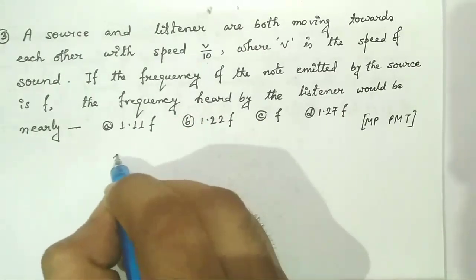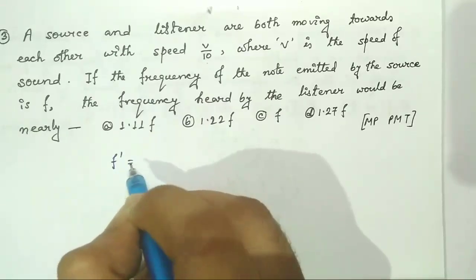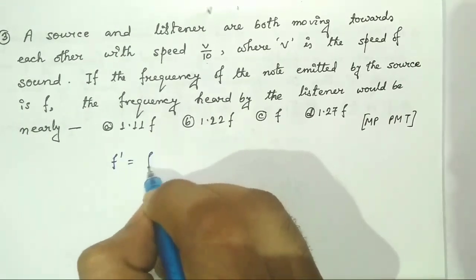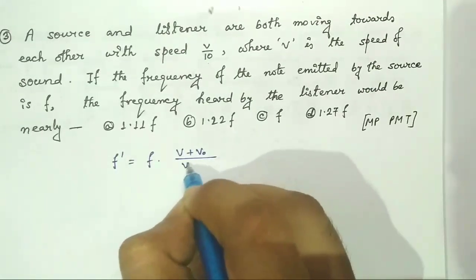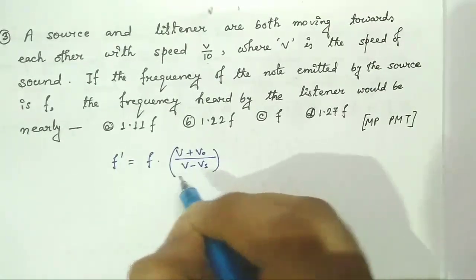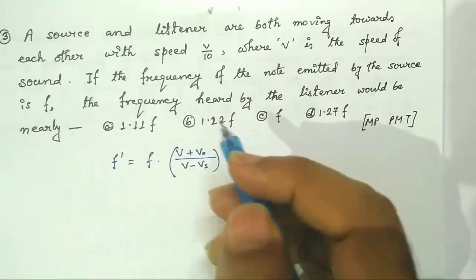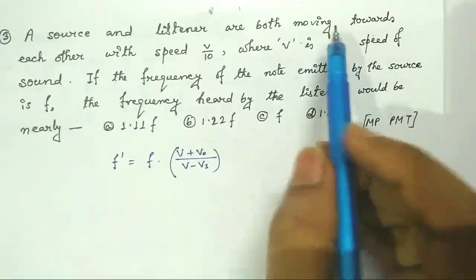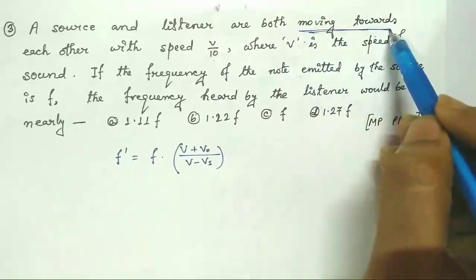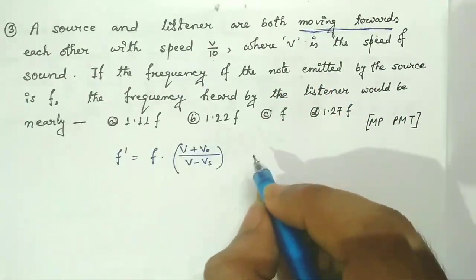Now the apparent frequency heard by the observer f prime is given by f into (v plus vo) divided by (v minus vs). Since both the sound source and listener are moving towards each other, we will consider the upper sign.